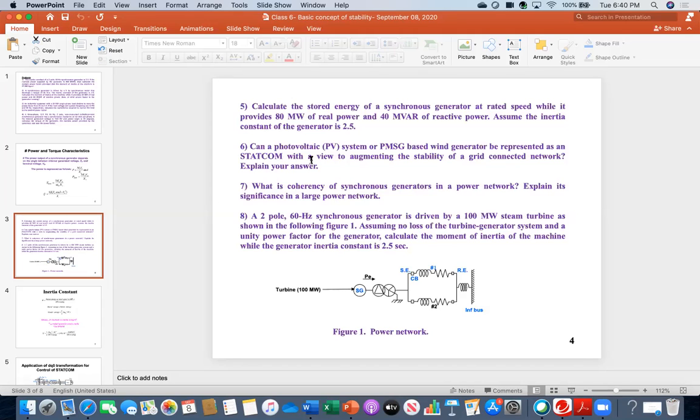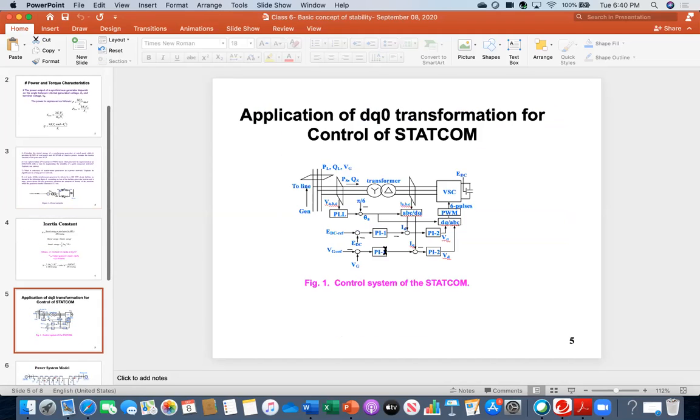Question number 6: can a photovoltaic PV system or a PMSG, meaning permanent magnet synchronous generator, based wind generator be represented as a STATCOM with a view to augmenting the stability of a grid connected network? Then explain your answer. Everybody remember that in another class I discussed the application of DQ0 transformation for control of STATCOM. Look at the topmost side, this portion is actually the STATCOM.